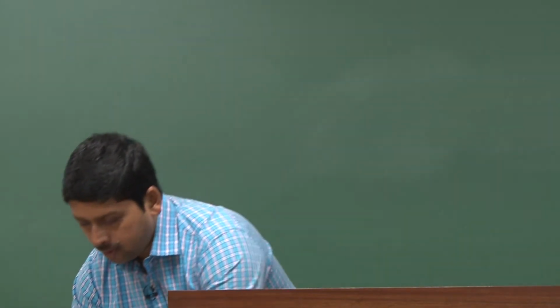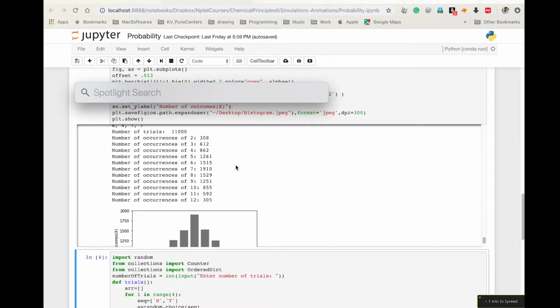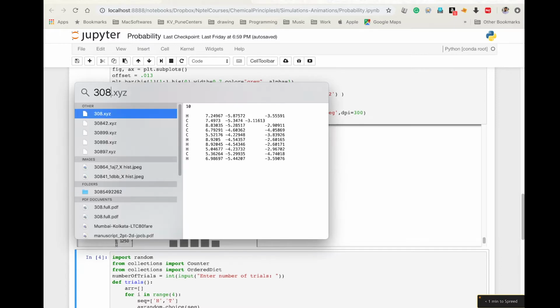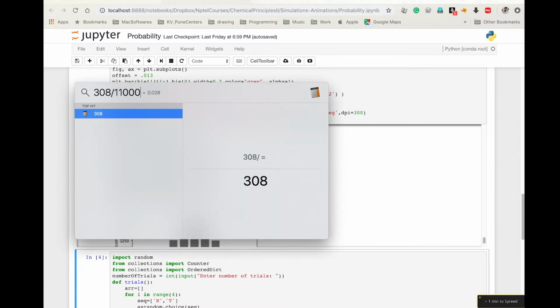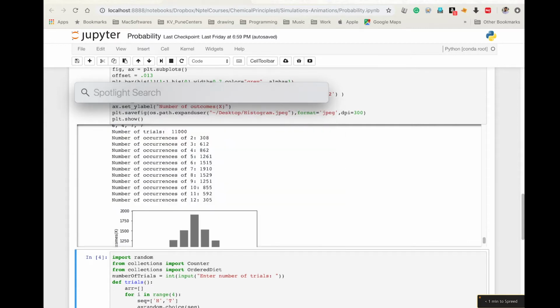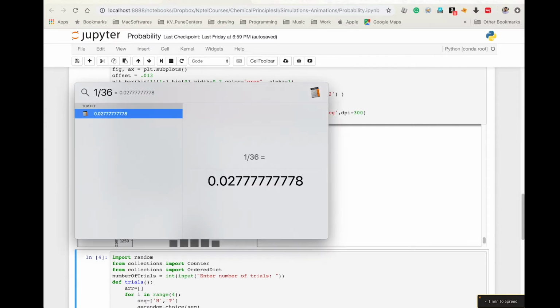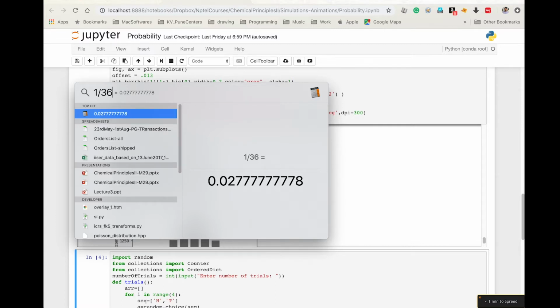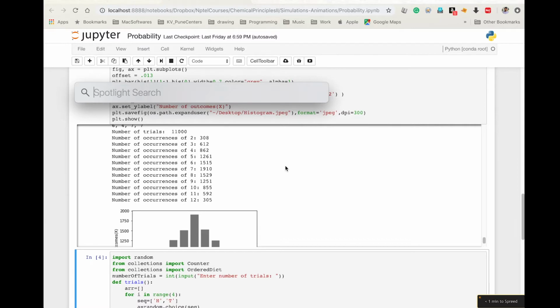What is the probability of 2? It is 1 by 36. 308 divided by 11,000 is 0.028, and 1 by 36 means 0.0277, so 0.028. So, 2 has come correctly, but not the 7.